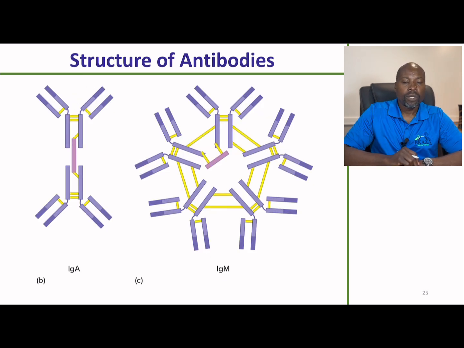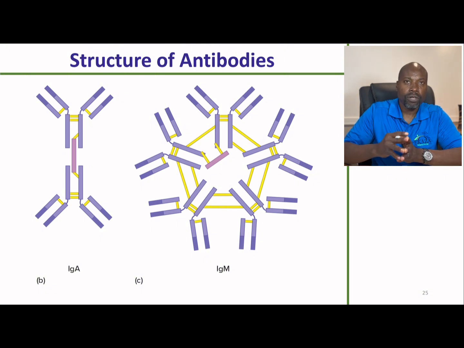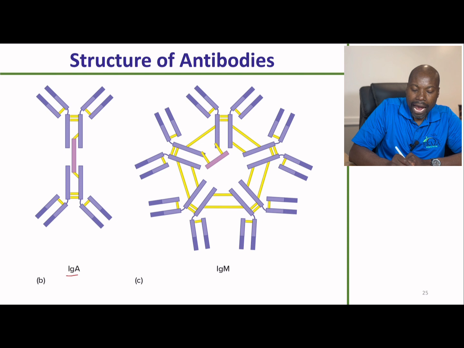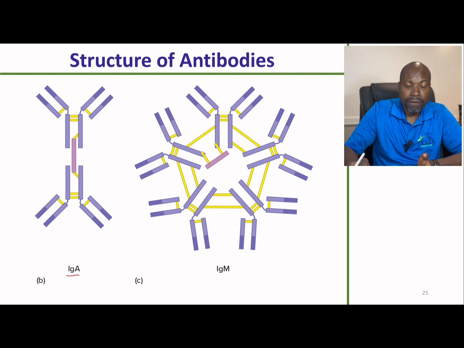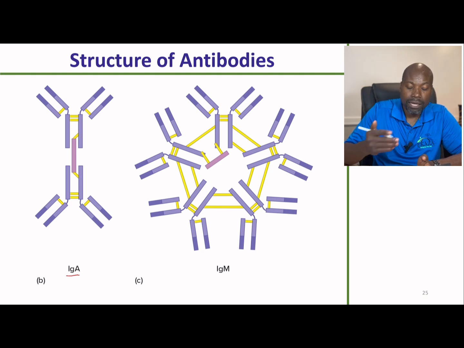All right. So antibodies, besides their primary structure, can complex with each other to form more complex structures. We have IgA right here. Now, I was saying antibodies, now I'm saying IgA. What does that mean?